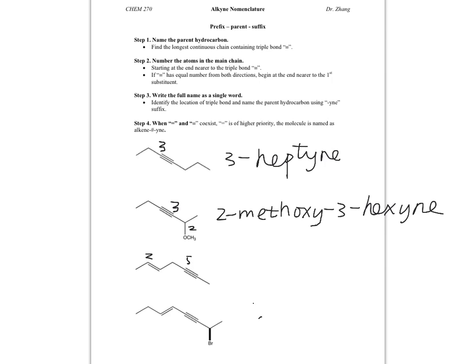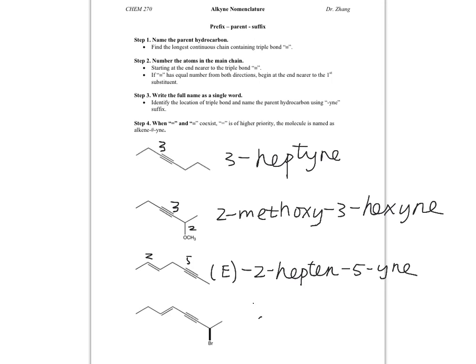So this is a heptene-yne. To name this compound, we're going to name it as 2-hepten-5-yne. Every time you have a double bond, always pay attention to the stereochemistry. In this case, you have an E stereochemistry, and always include the stereochemistry at the beginning of the name.